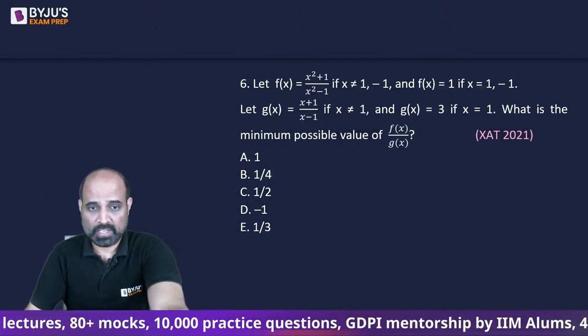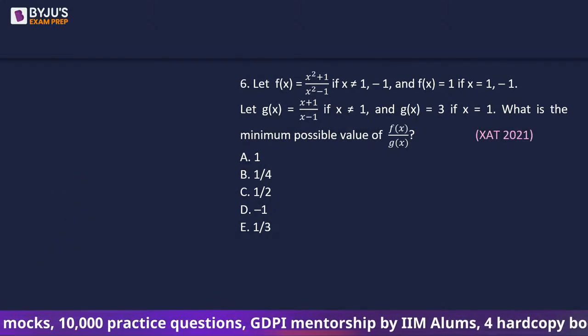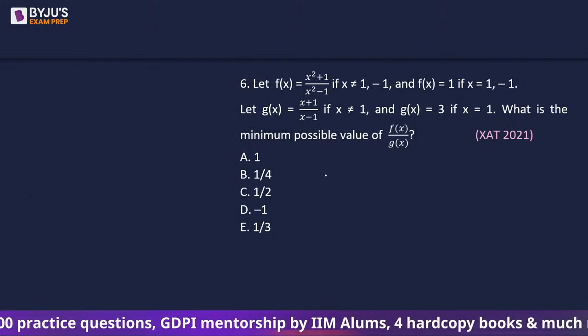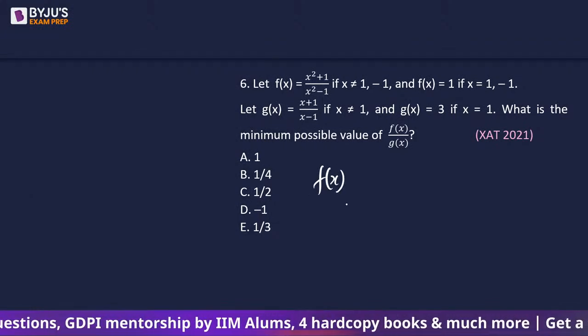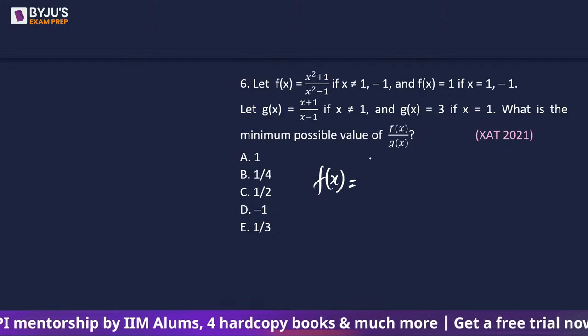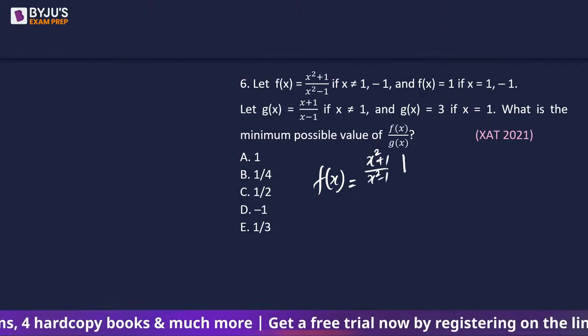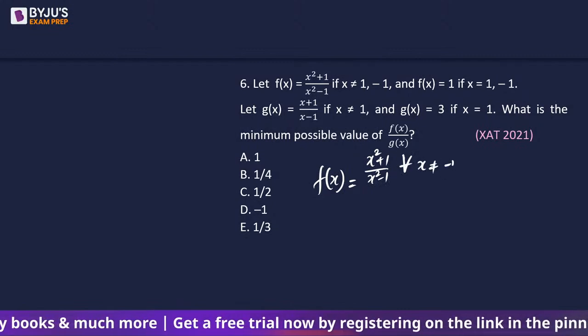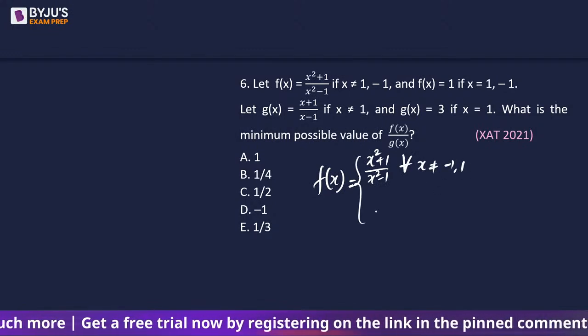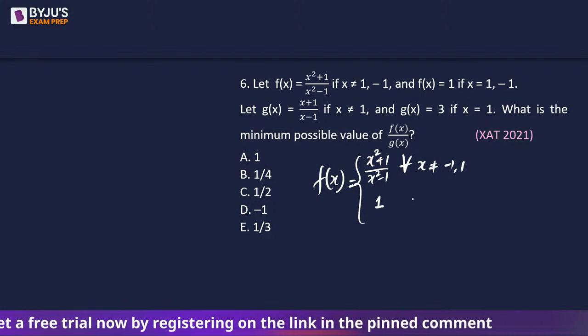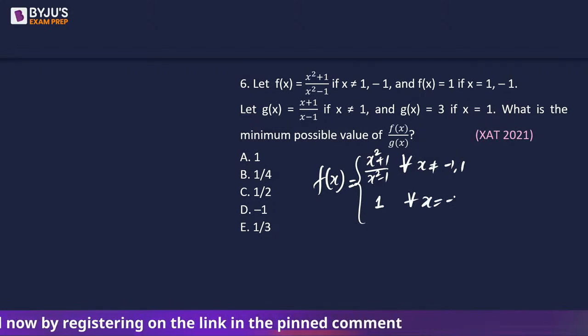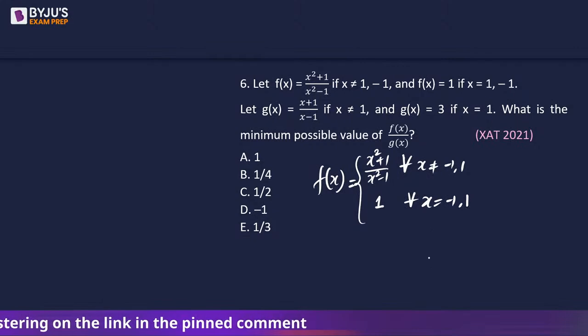Okay, so again I'll have to hide myself because I'll need both these spaces. I'm going to rewrite the question so that you guys will understand. So f of x is equal to x square plus 1 upon x square minus 1 when x is not equal to -1 or 1, but this one is equal to 1 when x is equal to -1 and 1. ये आपका f of x है.